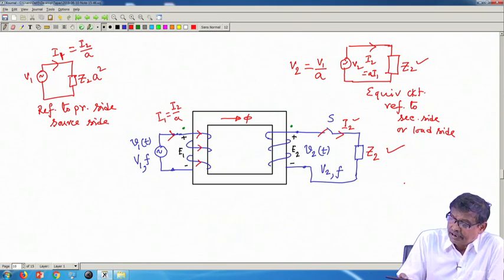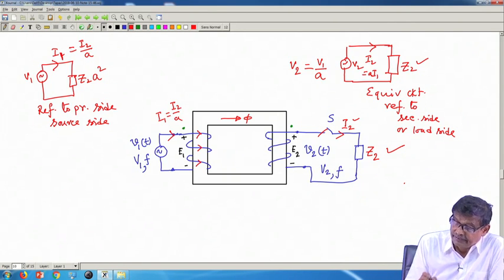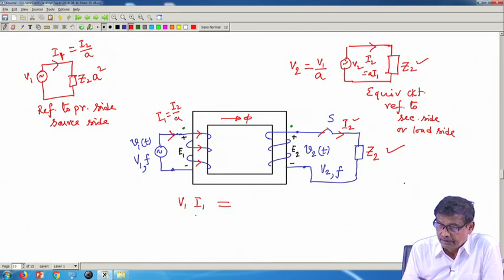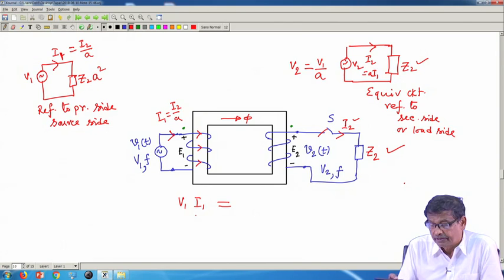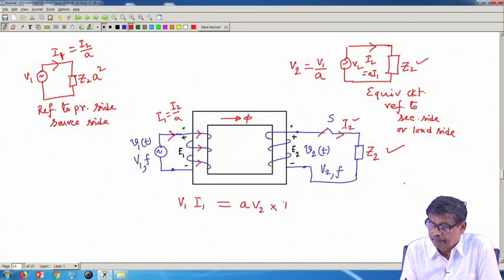Now, another important thing I will derive from these two: suppose you multiply V1 into I1 and express V1 and I1 in terms of I2 and V2, what does this product become? V1 is equal to A V2, and I1 is equal to I2 by A, so the product is V2 into I2.